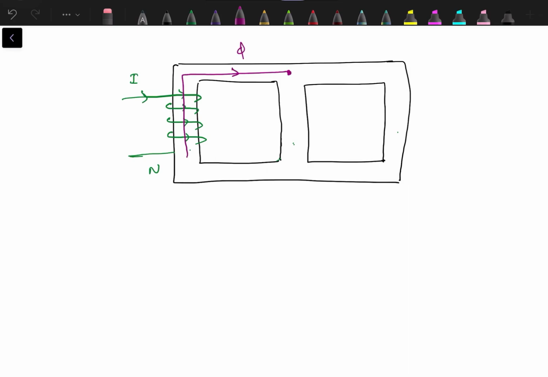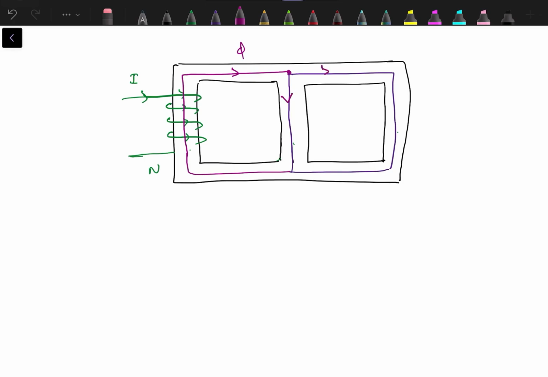After this point, the flux has two options. It can flow either through the central limb, or it can pass through the outer limb and then come back. So this will be the complete path.